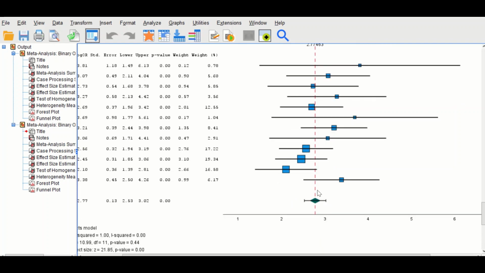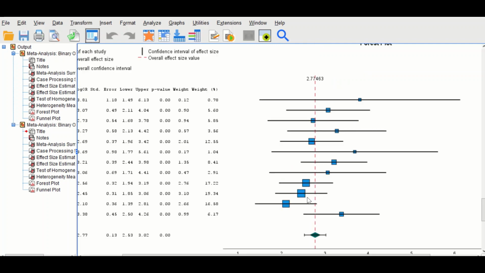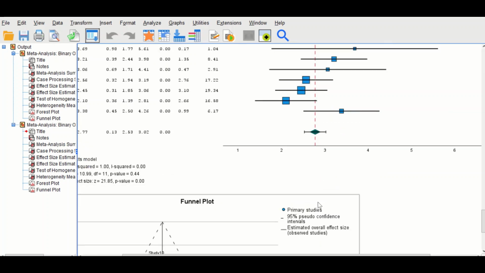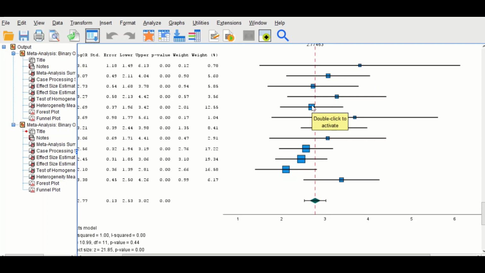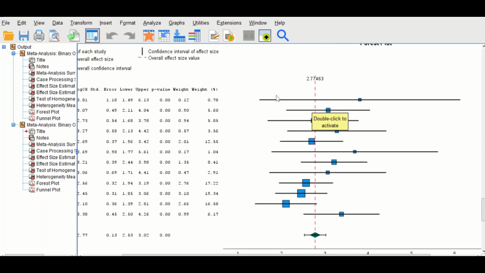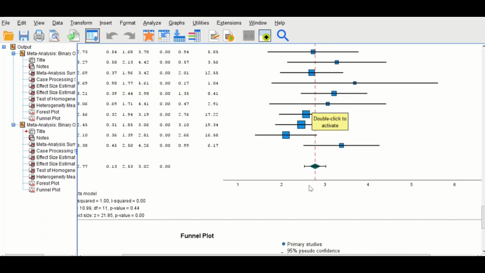And also for the overall estimate effect size, there is a horizontal line that represents the 95% confidence interval. The red line here, the horizontal dashed red line, represents the overall effect size, which is the overall odds ratio, which is 2.77.